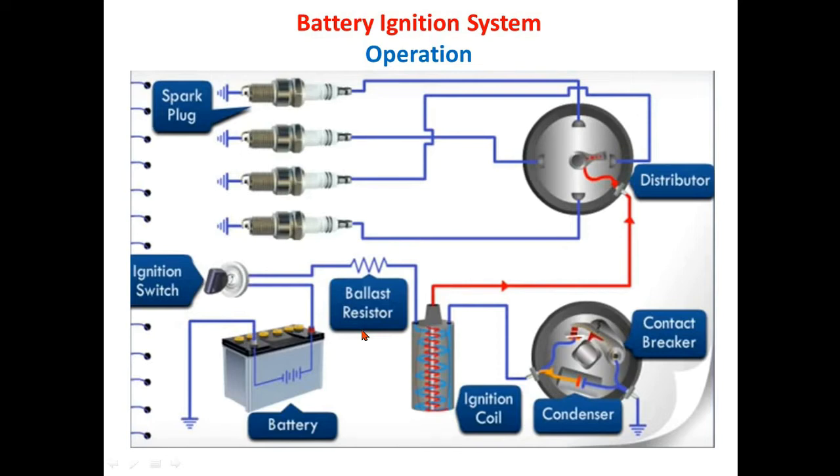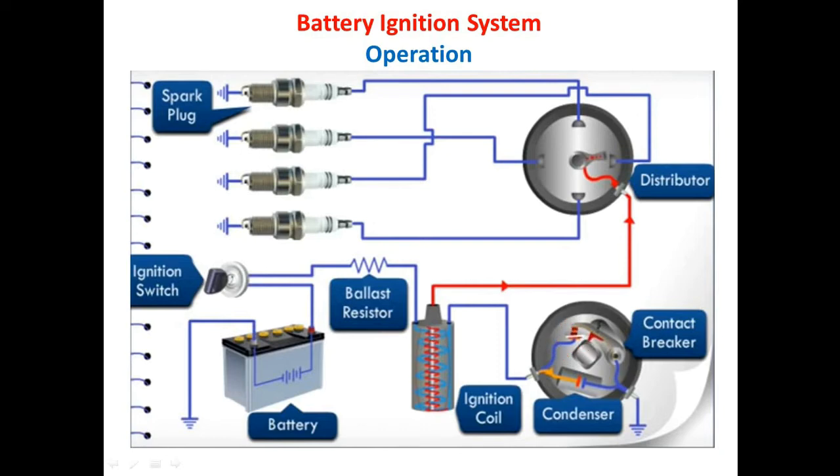Now the current flowing in the primary circuit is the primary current. This primary current sets up a magnetic field around the iron core of the ignition coil. This current flows through the contact breaker when the contact breaker points are closed.